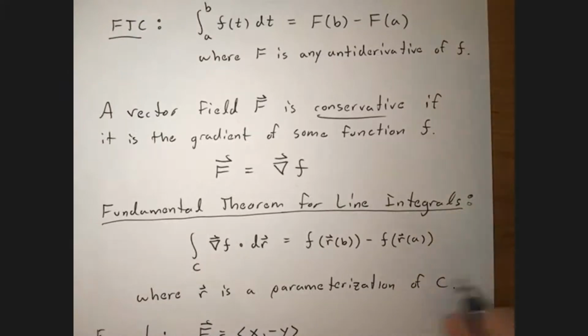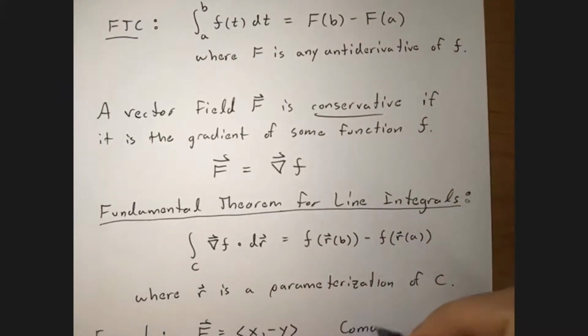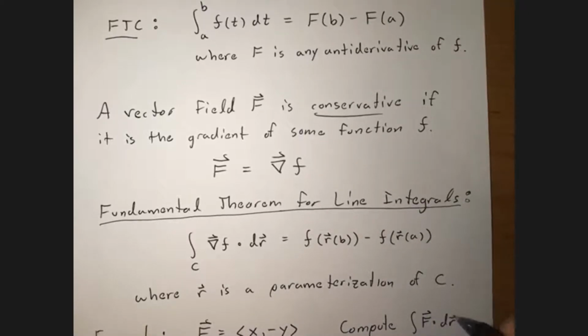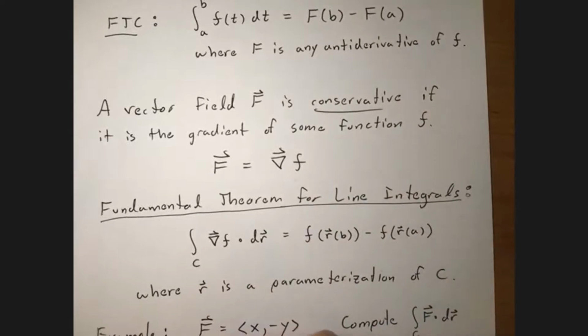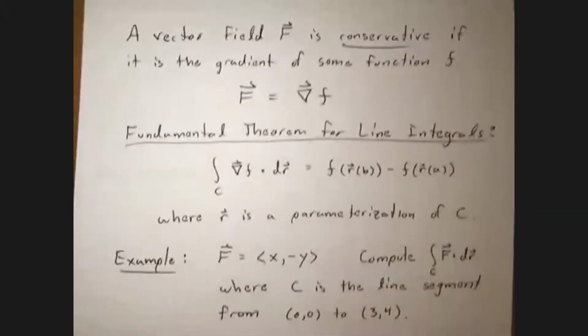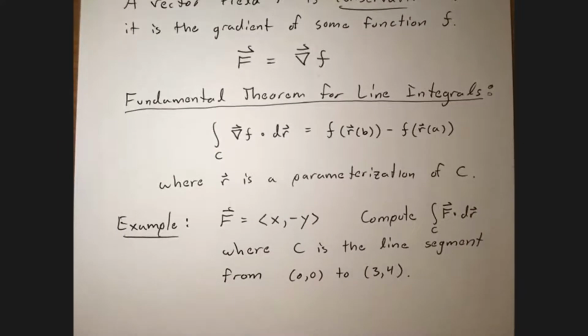Okay, and we want to compute the integral along C of F dot dr, where C is the line segment from (0, 0) to (3, 4). Oh, sorry, I went off the screen there. Okay, so here we have a vector field. We want to compute a line integral along this line segment.